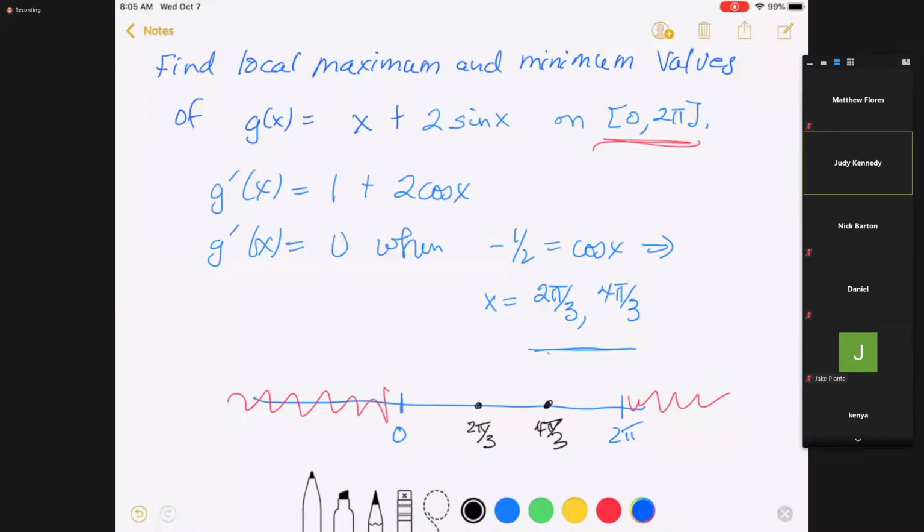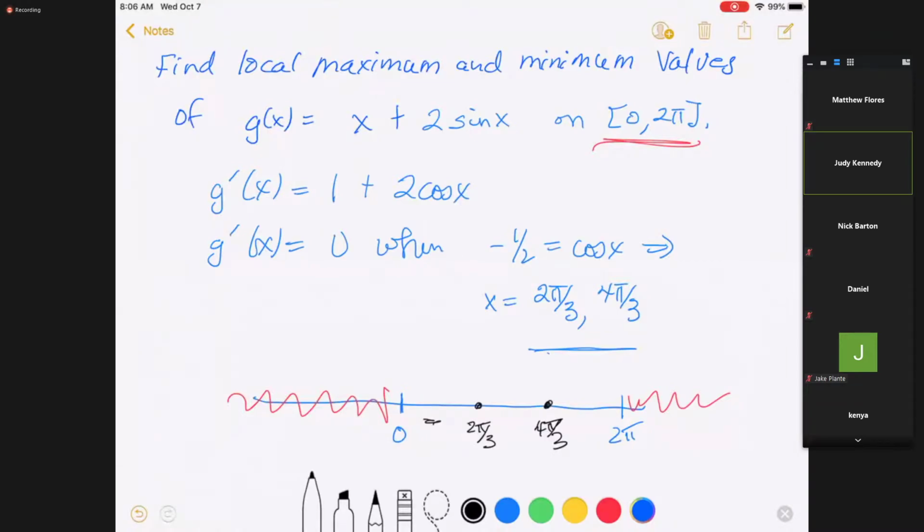If you don't, that's not always true. Okay, so we're looking at the interval from 0 to 2 pi over 3. And since on that interval the derivative is either positive or negative, all we have to do is check one point.